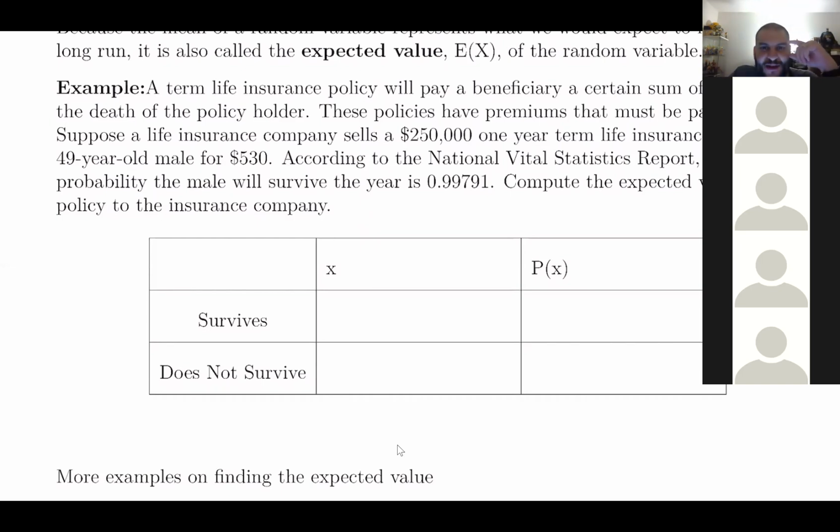Alrighty then. If you look at this one, they gave me a lot of information. So we want to look at all the numbers and try to make sense of them. Let's start with the easiest one. What does the 0.99791 represent?